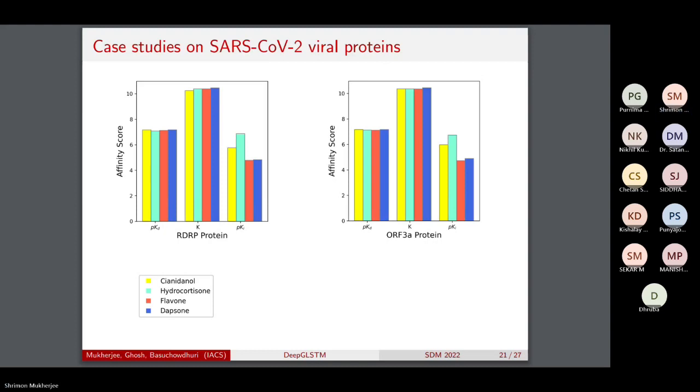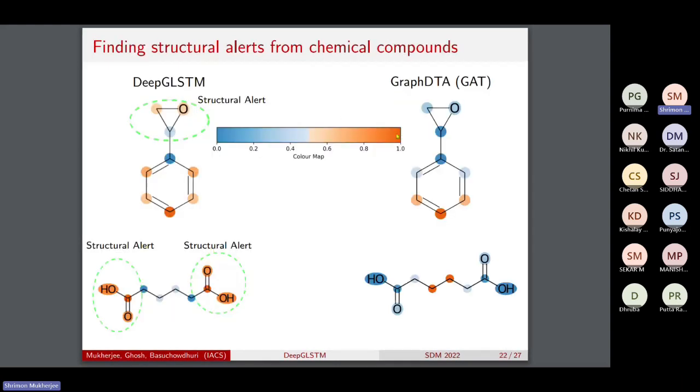Now this is the main part of our work, that is, how our model captures the important functional groups present in the molecular graph or not. From the literature we came to know that if this kind of subgraph is present in the molecule, then the molecule can be toxic, or there is some structural alert.